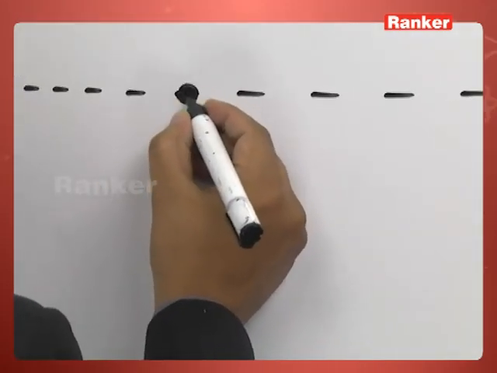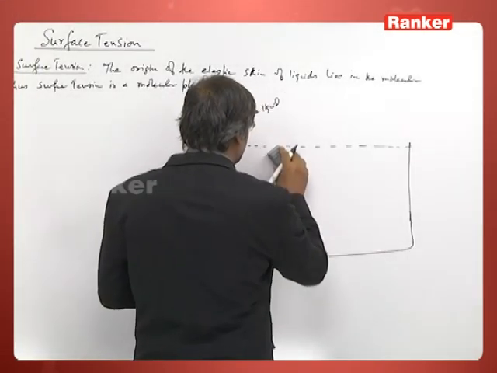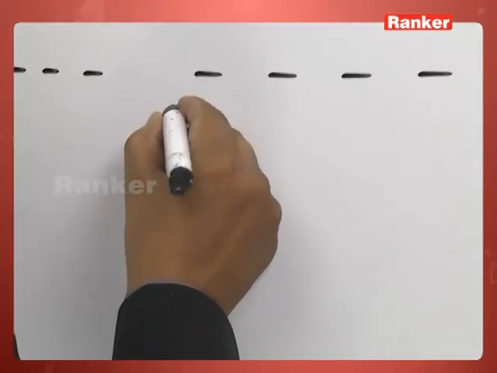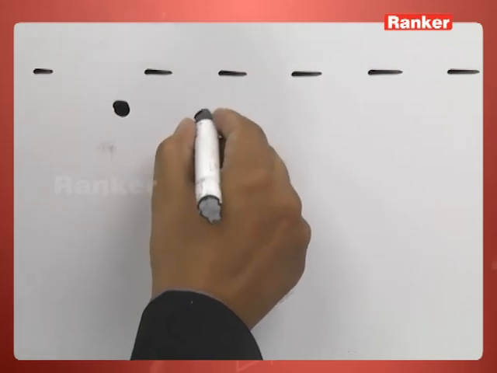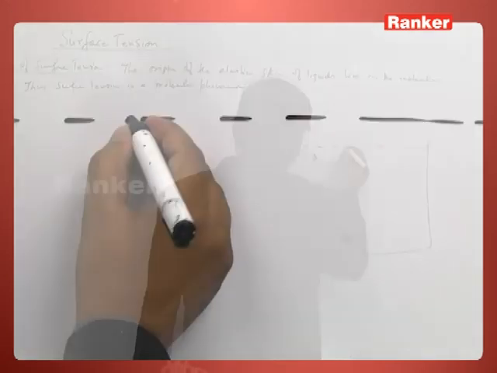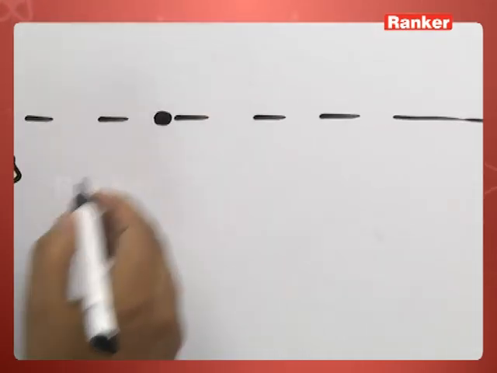Let us not take it on the surface, but nearby the surface. So, I have taken one molecule nearby this surface. Suppose I have taken this as B. Then another molecule I have taken is here on the surface.